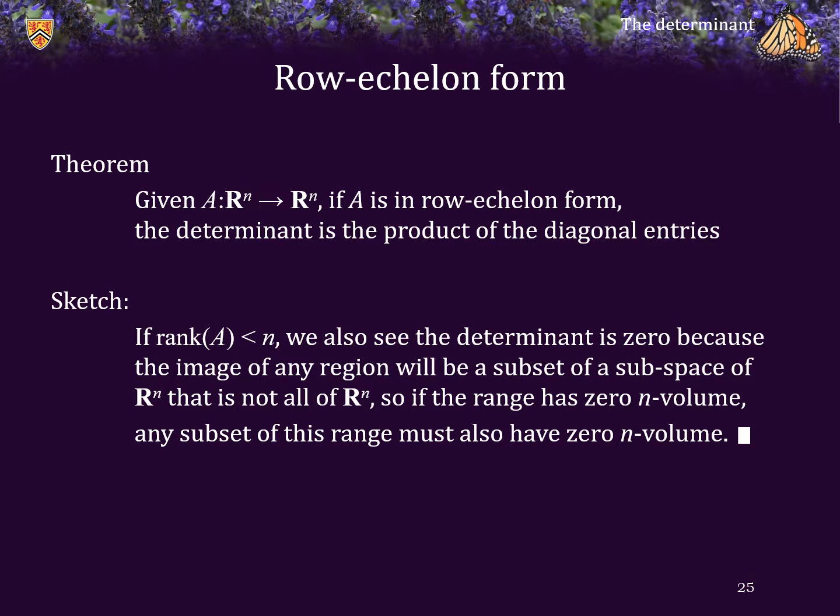Consequently, a subspace that is not all of R^n has 0 n-volume. Therefore, any subset of something that has 0 volume must still have 0 volume, and therefore the image of any region under a mapping A that has rank less than n must also have 0 volume. Thus, the determinant should be 0.